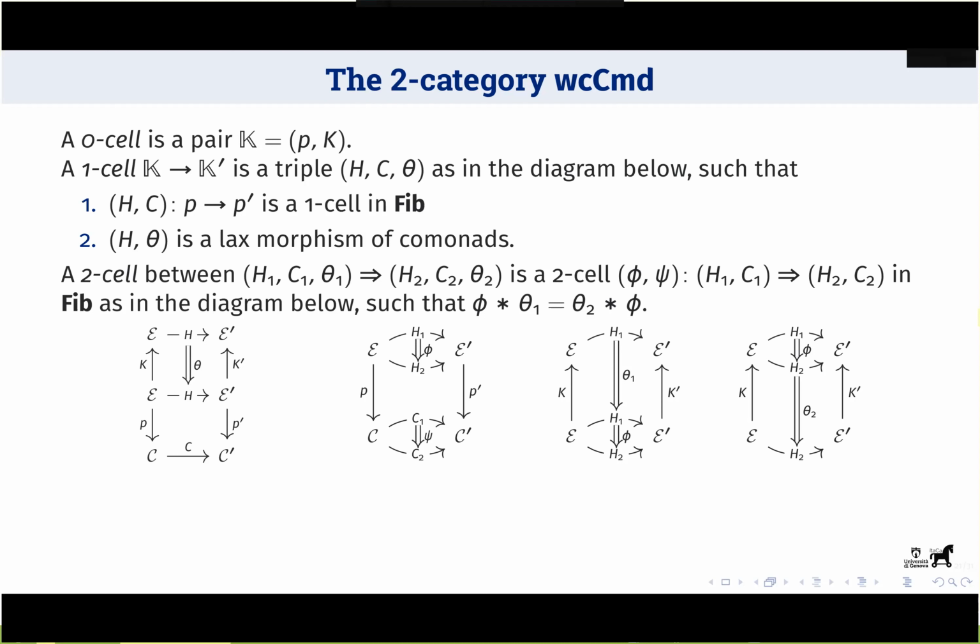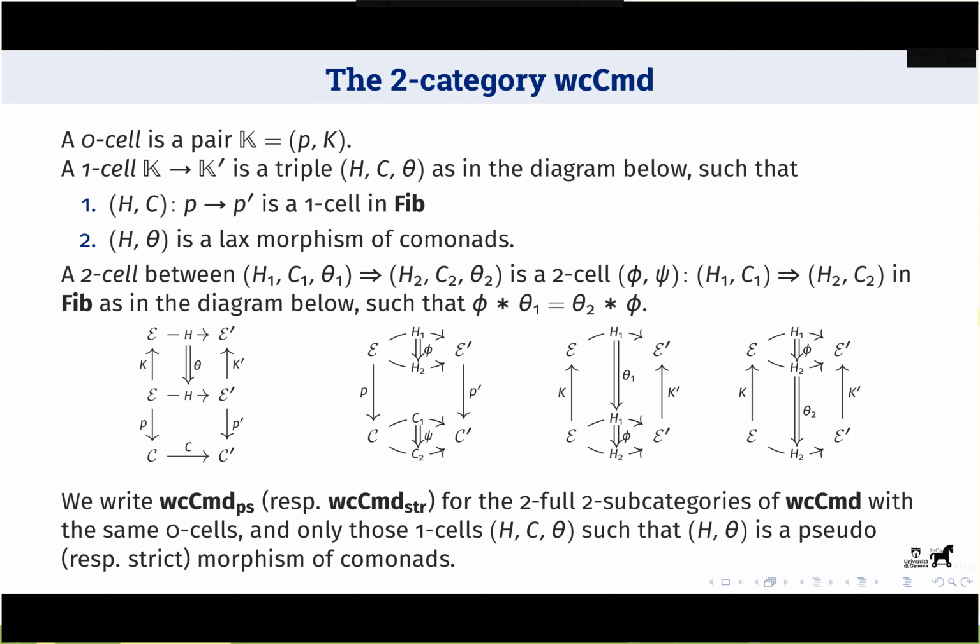We're going to need a pair of natural transformations phi and psi such that they interact well with the respective theta parts. Okay, so this makes it into a two category, and we will write pseudo and strict for the two subcategories corresponding to what you can guess. So we can also restrict it to the respective subcategories.